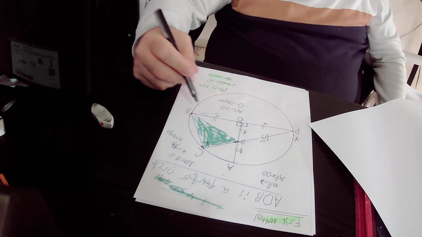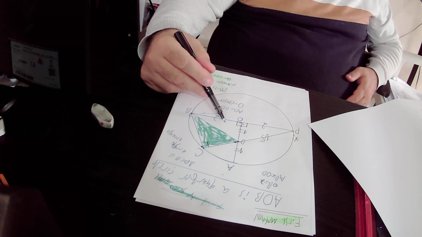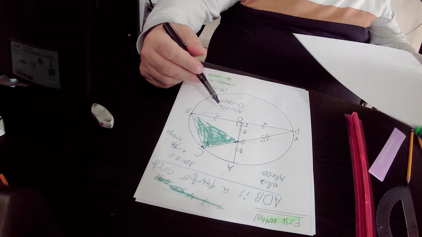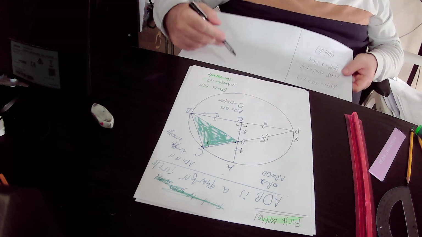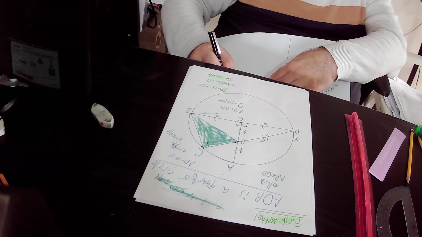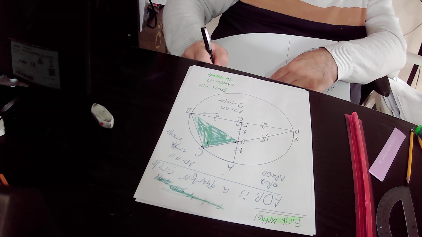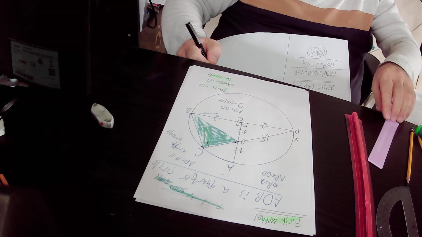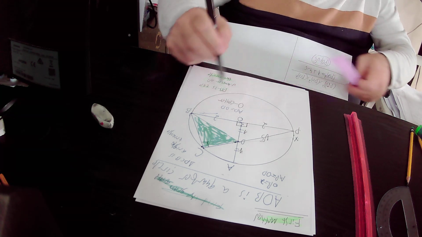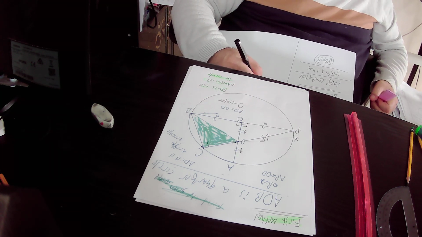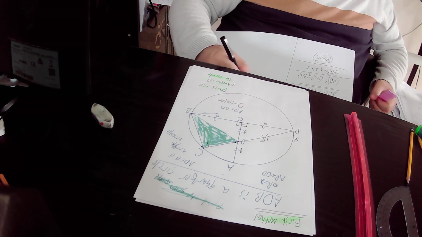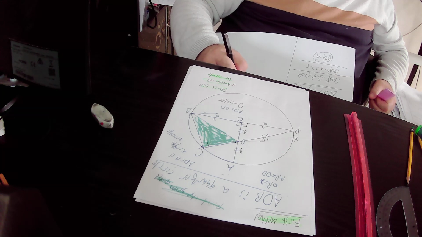We will repeat the same process on the right triangle, triangle DOB. The square of the hypotenuse equals to the sum of the squares of the perpendiculars. That is to say, DB square equals to DO square plus OB square.